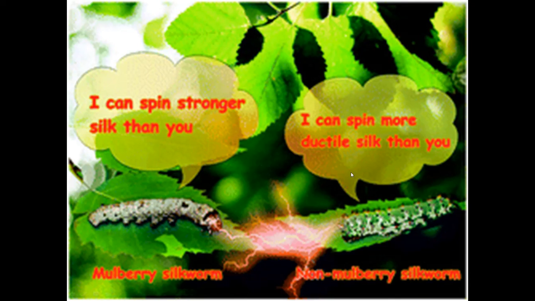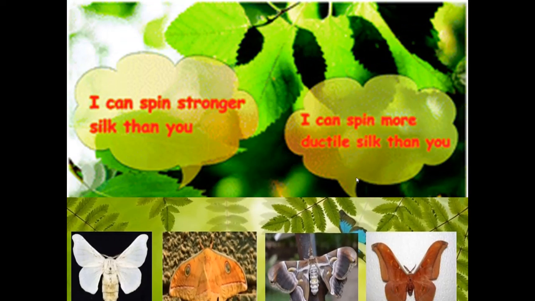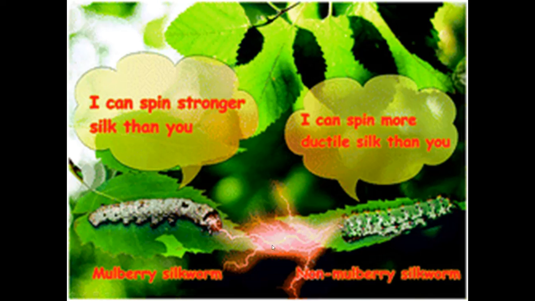So just now you have seen in the previous image there are different types of silk moth, and in this image you are seeing the different larvae. This larva is obtained from the mulberry silk moth, and this larva is obtained from a non-mulberry silk moth, maybe the tassar moth or any other. So it is speaking to each other: I can spin stronger silk than you.